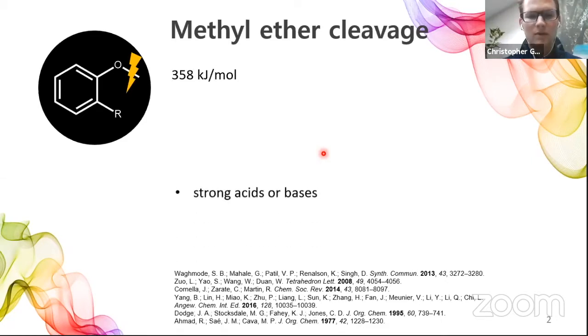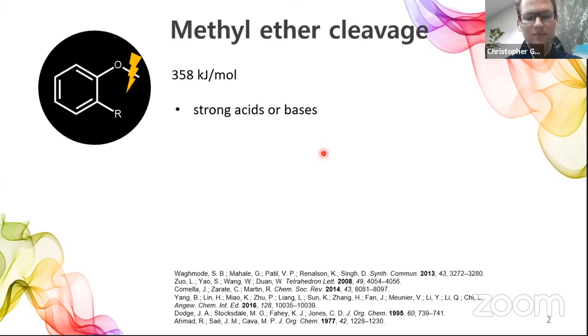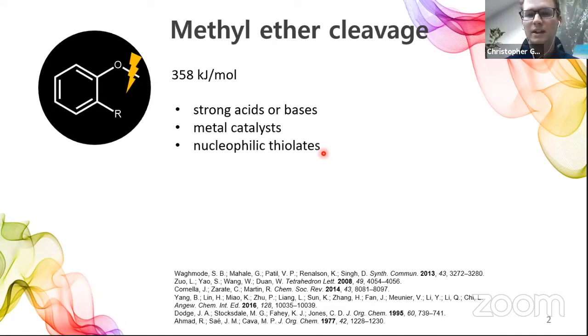For example, we have to use strong acids or bases. We can also apply metal catalysts, which are from time to time expensive, as well as nucleophilic thiolates, which are quite smelly substrates, and also oxidative and reducing reagents.